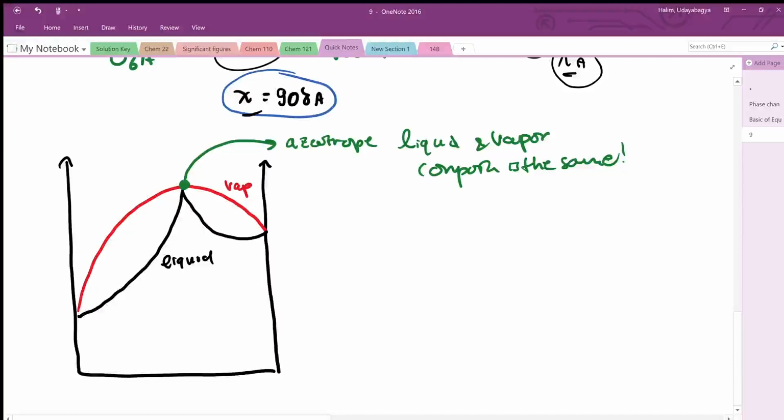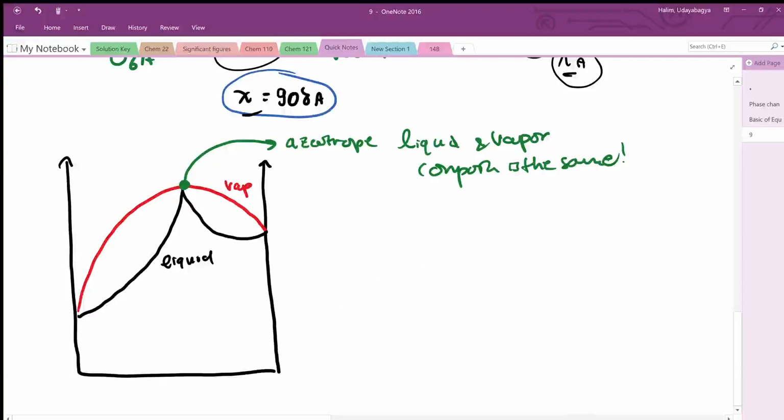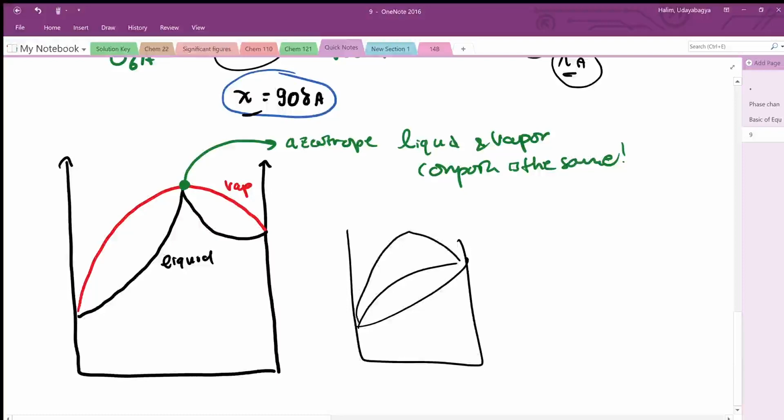And usually it can either be a positive high like this, or you can also have an azeotrope that looks in reverse. That is, you can have an azeotrope that looks downward. So you have, for example, an ideal case that always looks like this. You can either go up or you can go down. Either way, there's a lot of different kinds.